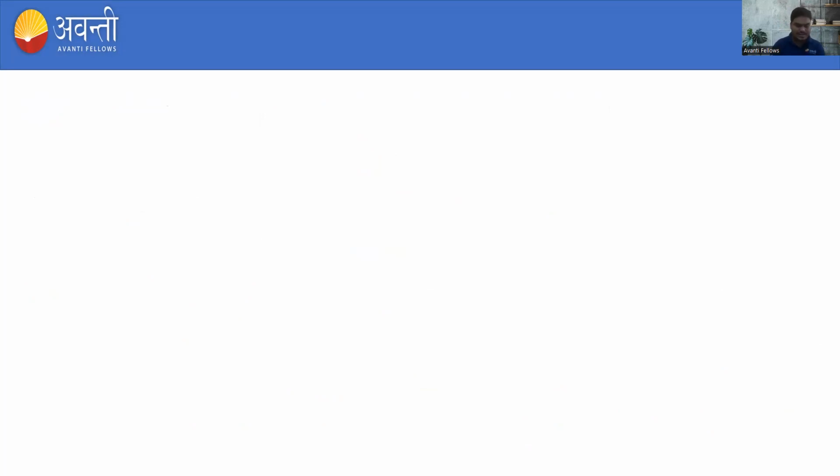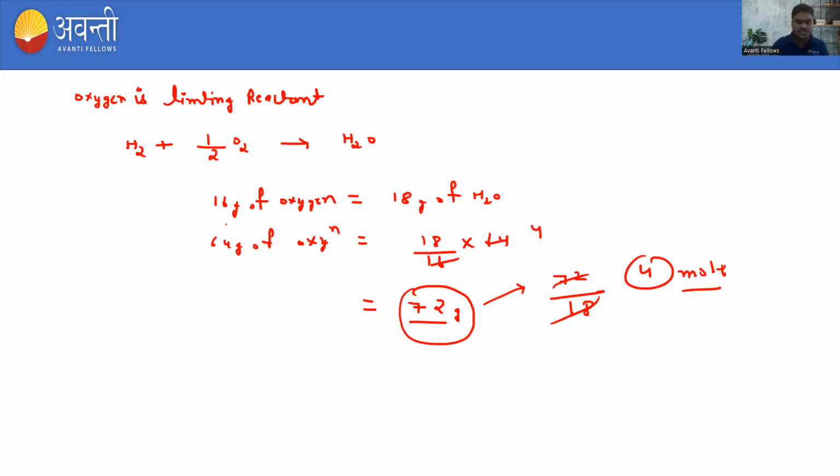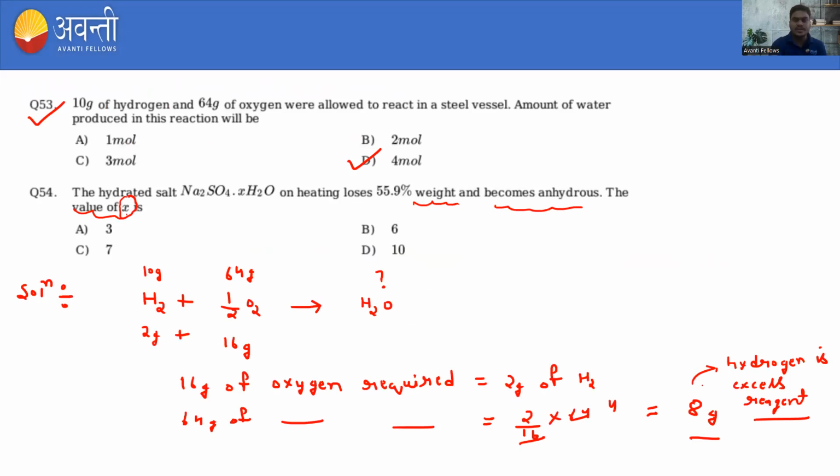So now let us consider 100 gram of Na2SO4.XH2O. Out of this, 55.9 gram of water is completely lost to form the anhydrous salt, and it is given in the question, that is, 55.9% on heating is lost and it becomes anhydrous.